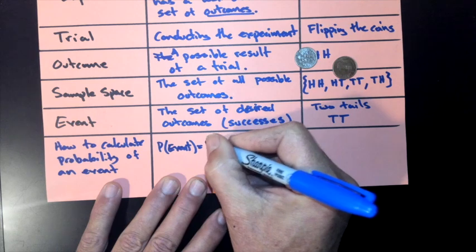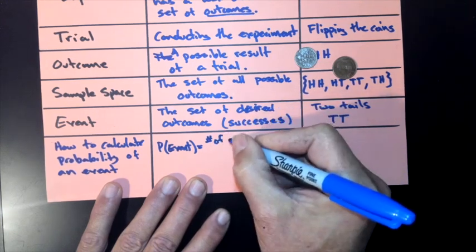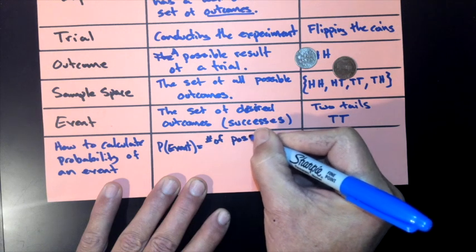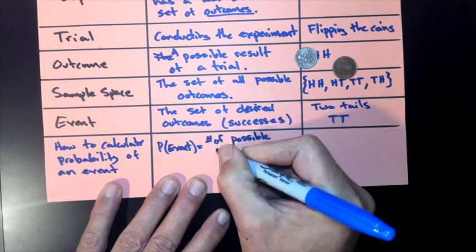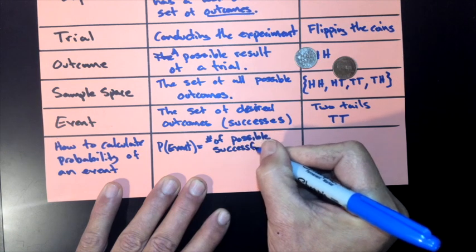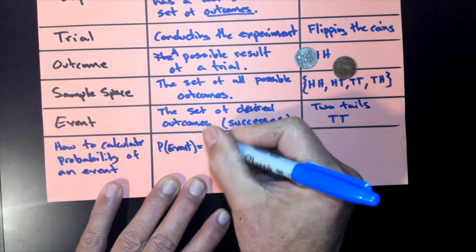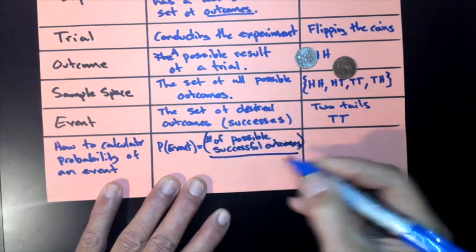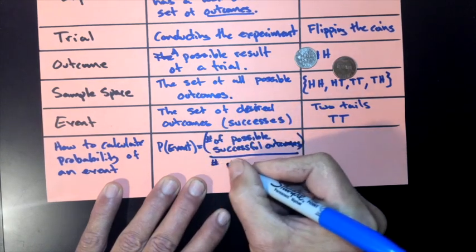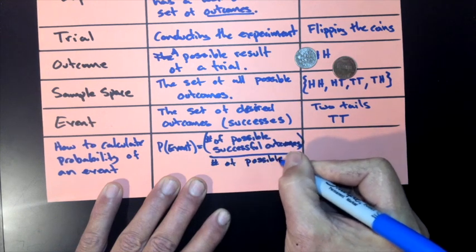So we have the number of possible successful outcomes, divided by the number of possible outcomes.